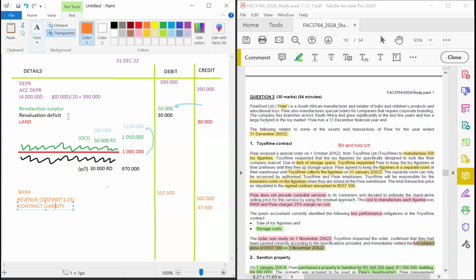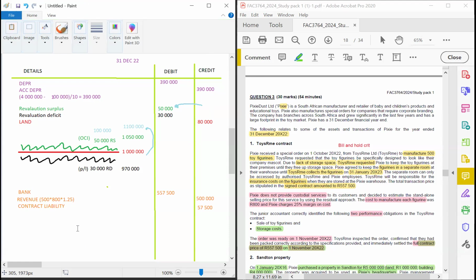But then, if that period of us storing these toys passes and then the owner comes to fetch them, that would mean that our performance obligation has been satisfied. So we would have to reverse the contract liability and recognize revenue. Perfect. Okay, thank you. Spot on. This is what we are going to do now. All right, okay, thank you.